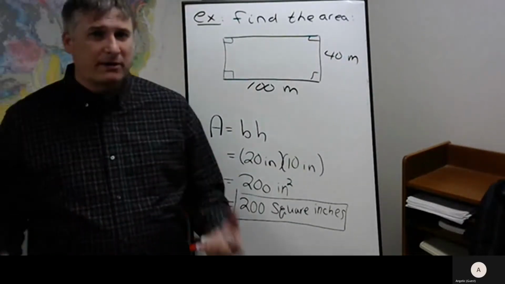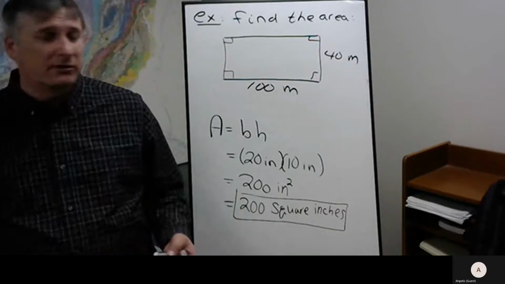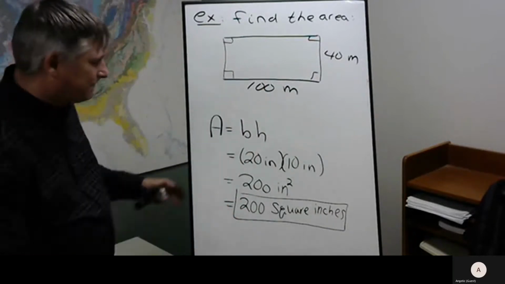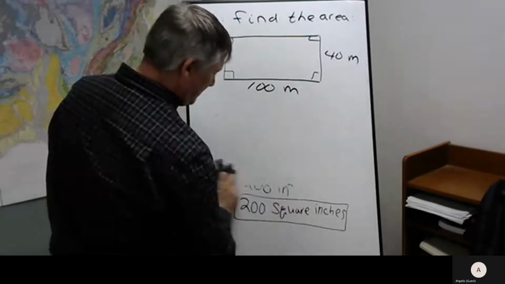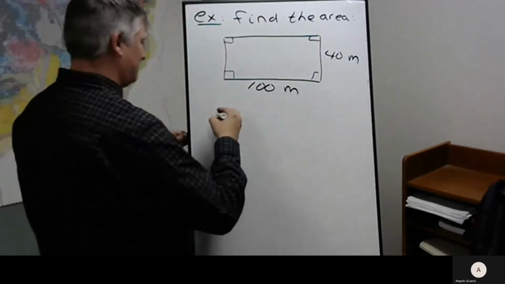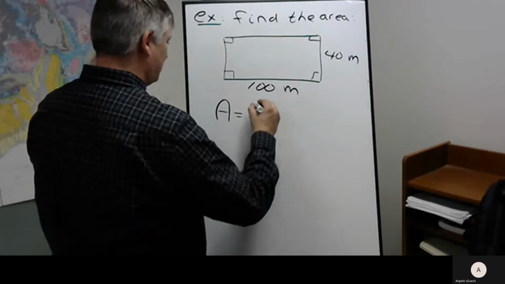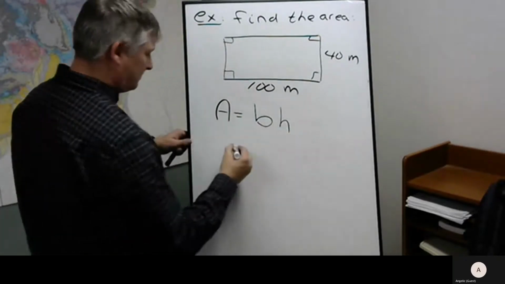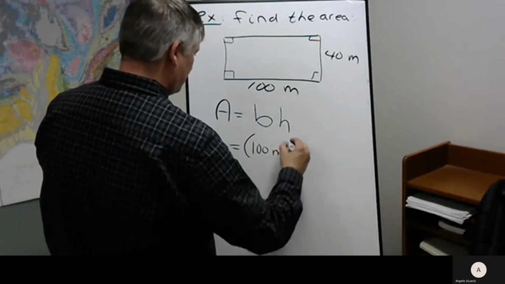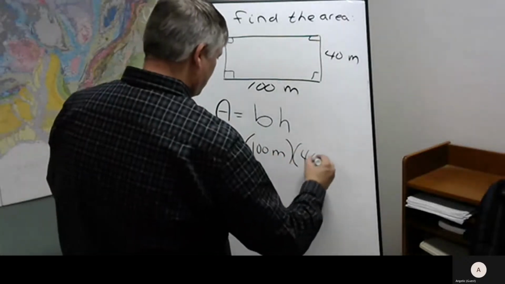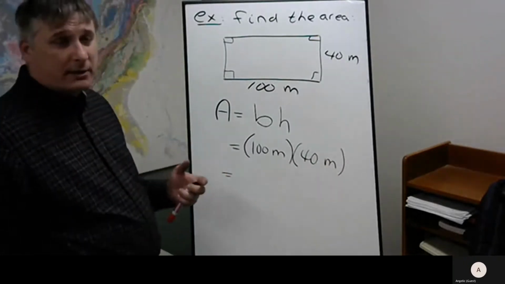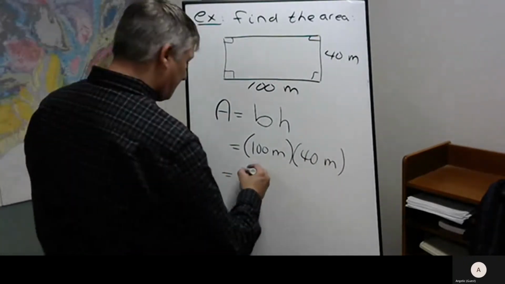So for squares, parallelograms, and then a subset of parallelograms, the rectangles, we're going to be using base times height. So 100 times 40 is 4,000.